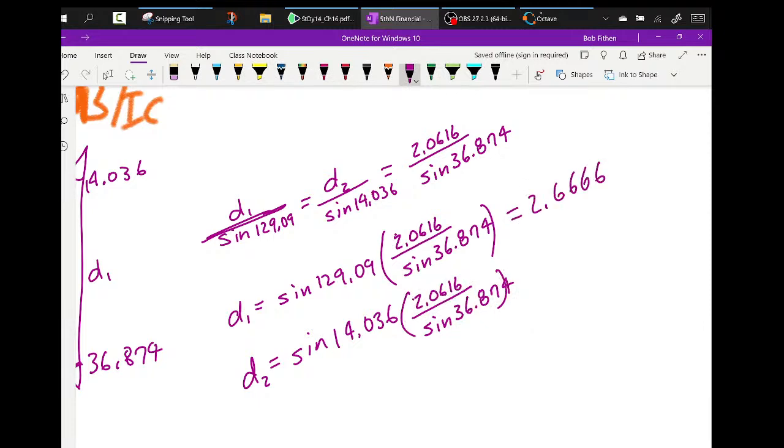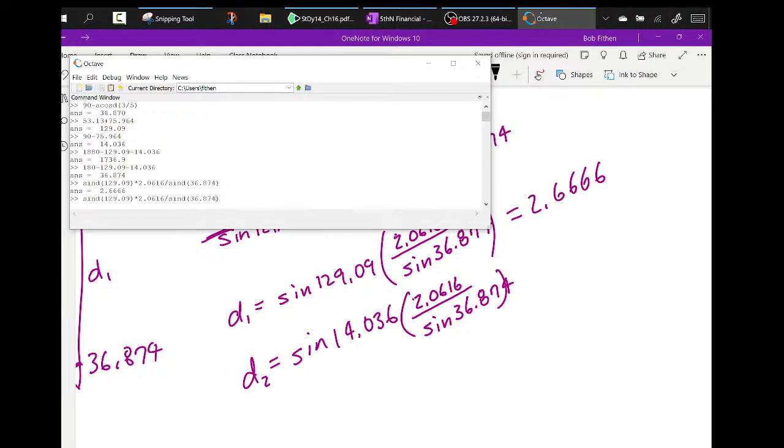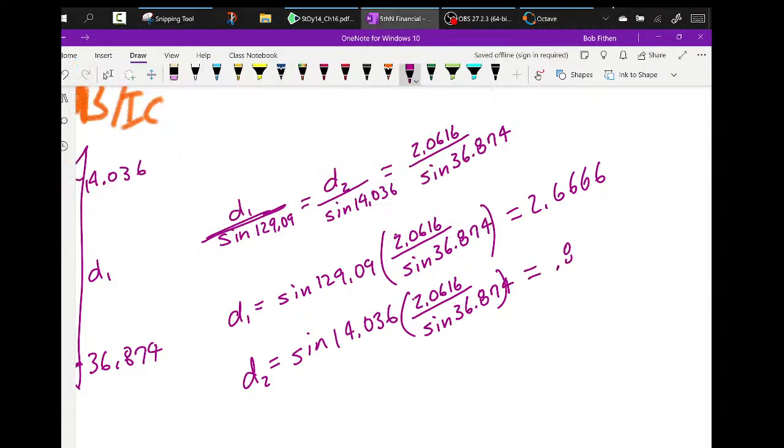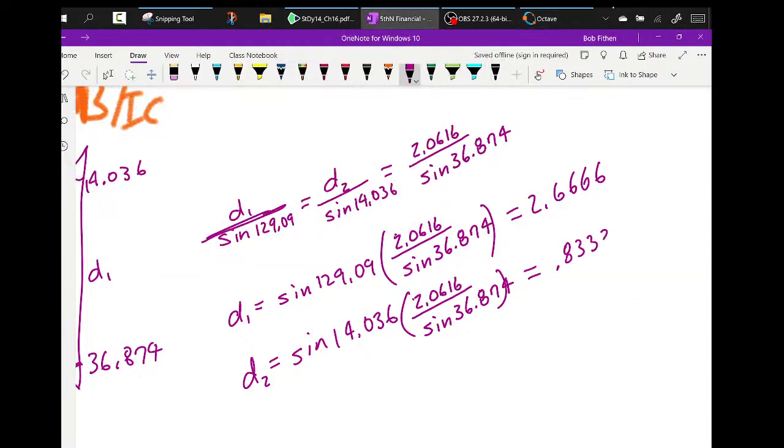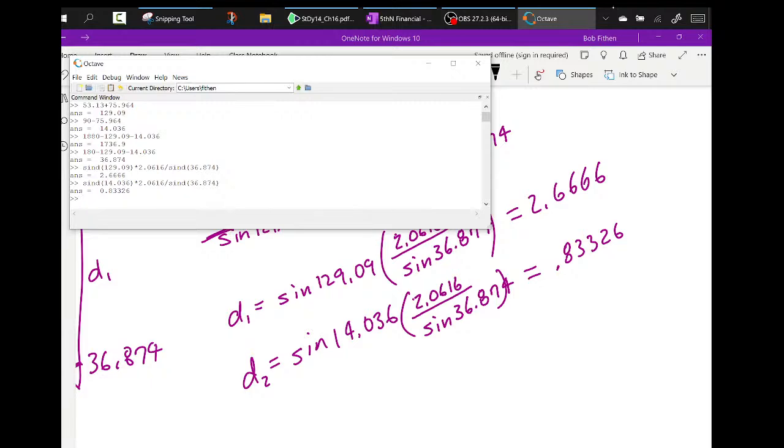Pretty interesting. And I can go up and I can hit this one with 14.036, which ends up being 0.83326.